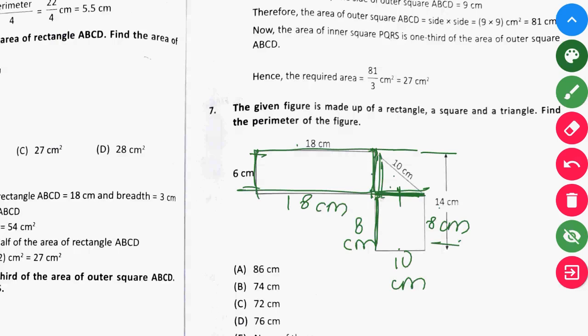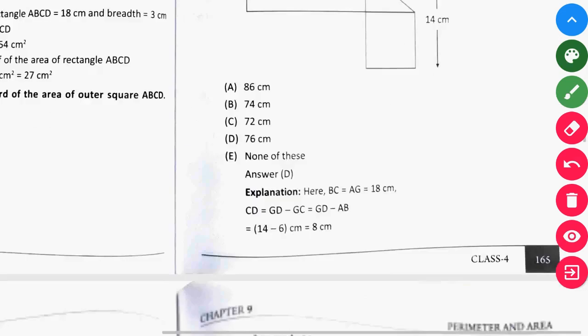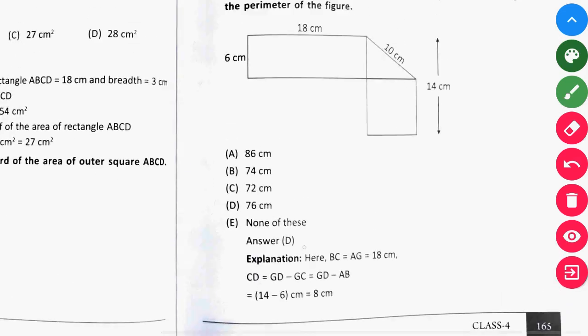All the sides are of equal length. So this is also 10 centimeter. No, but this one is 6 centimeter, right? This is 10. This side is 18. Not given. Something is missing here. Wait, we'll check.